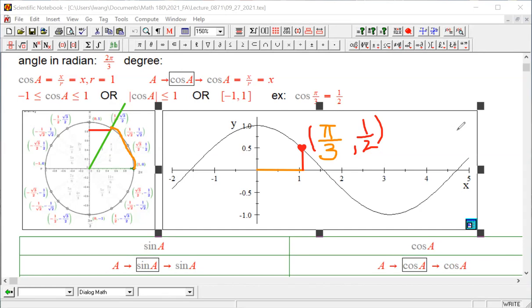Are you tired? Shall we take a break? Do you think now you understand sine curve, cosine curve now? Okay, let's take a break for 5 minutes.